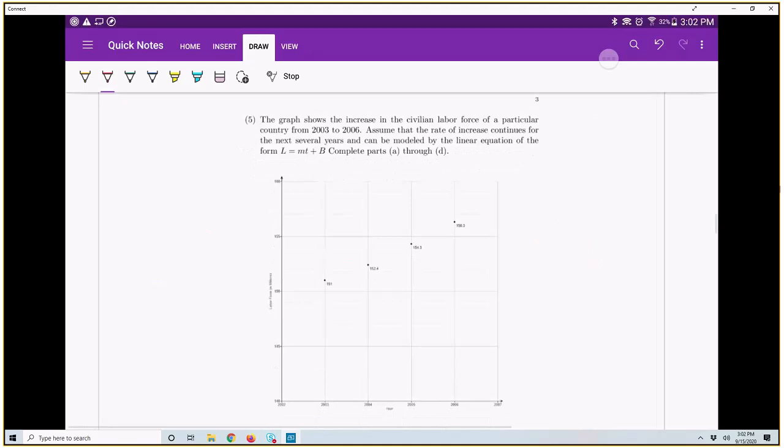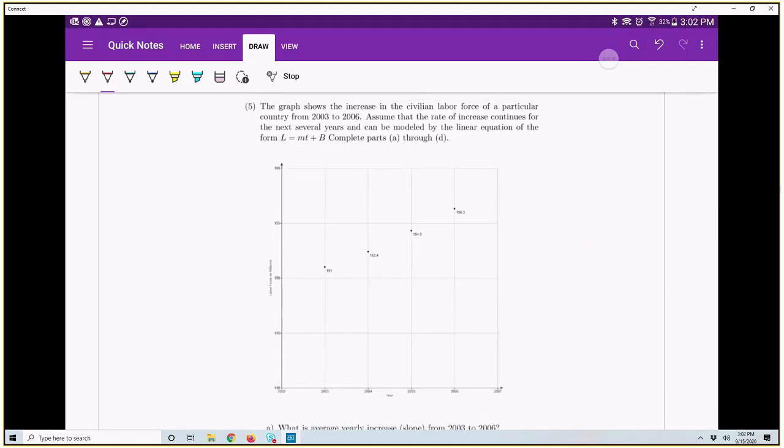Okay, so we're told the graph shows the increase in the civilian labor force of a particular country from 2003 to 2006. So you can see here on my x-axis I have 2003, 2004, 2005, 2006. And then I have the corresponding values in millions of civilian labor force.